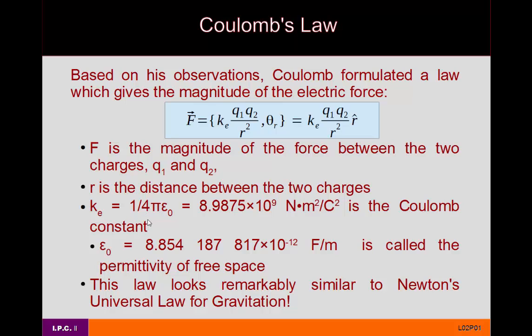So 4 pi epsilon naught are all in the denominator of this equation. Epsilon naught, the permittivity of free space, will become a little more important later. In fact, as soon as we start doing Gauss's law, we tend to use the permittivity rather than the Coulomb's constant. But by using the Coulomb's constant, we see that it looks very much like Newton's universal law for gravitation.